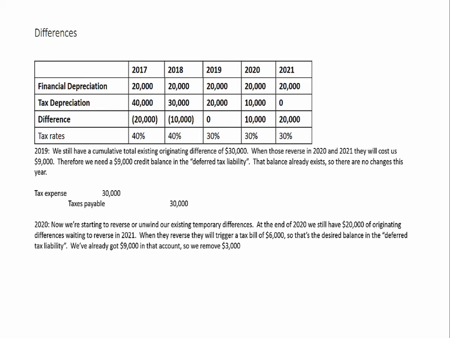We've already got a credit balance of $9,000 in that account, so we have to remove $3,000. So again, taxes payable is always the easy part, taxable income times the tax rate. We go ahead and take away $3,000 from our deferred tax liability, and tax expense is $27,000.